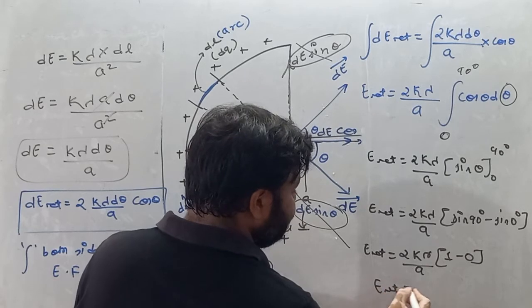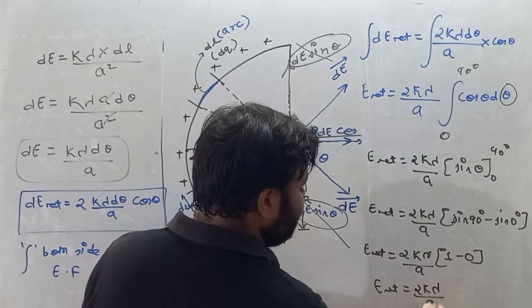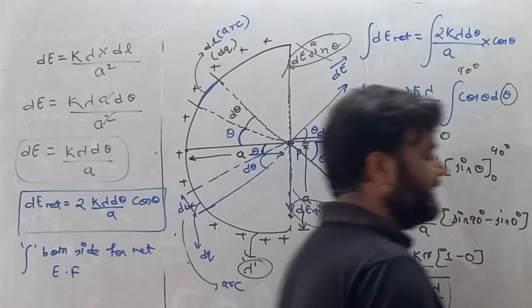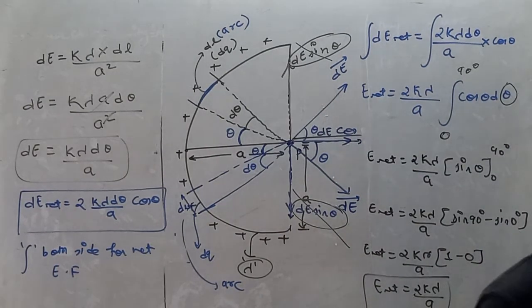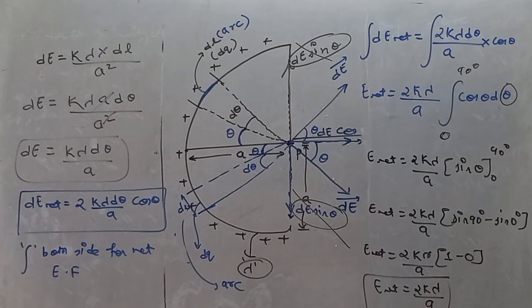So E net is equal to 2k lambda by a. This is the value of the electric field due to a semicircular ring, or semicircular arc, at its center.